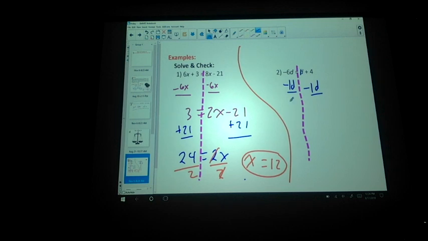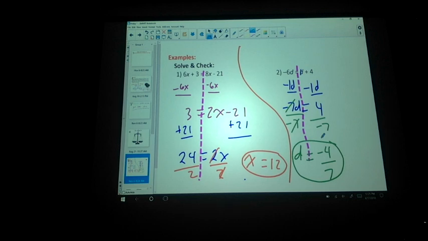So I have negative 7d over here, and that's equal to positive 4. What should I divide both sides by to get d all by itself? I heard it. Negative 7, perfect. Divide both sides by negative 7. So I wind up with d is equal to, oh, is it okay if our letter equals a fraction? Sure. That worked.